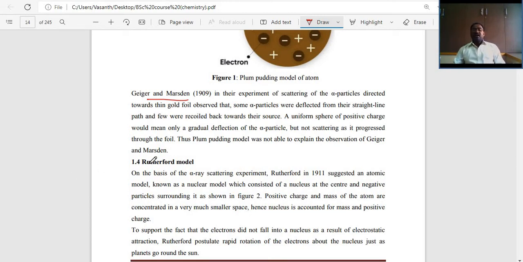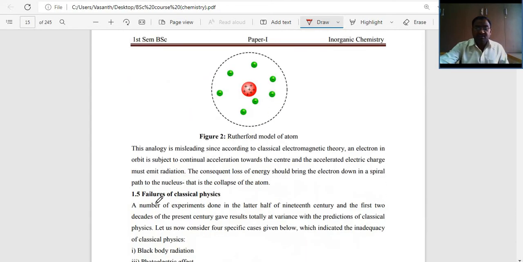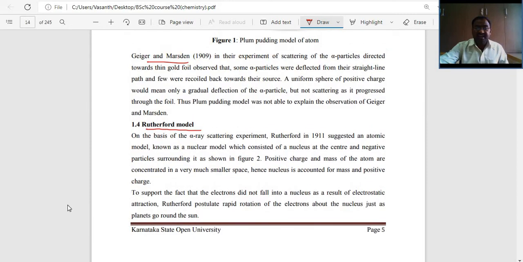Next, later came the Rutherford model to explain the atomic structure. In the Rutherford model, there is the alpha ray scattering experiment. This is the radioactive source. These are the slits.